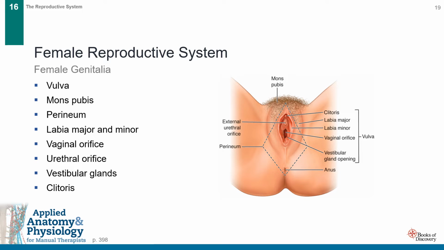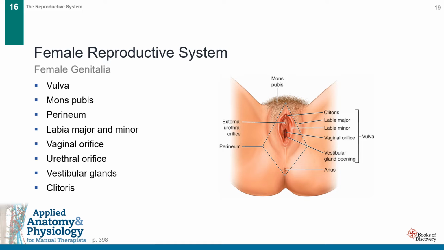These protective folds over the vaginal opening help keep microbes out, but are easily separated for intercourse. The vestibular glands are two mucus-producing glands located in the rims of the vaginal orifice, and they secrete large amounts of mucus during sexual arousal to assist in penile penetration.